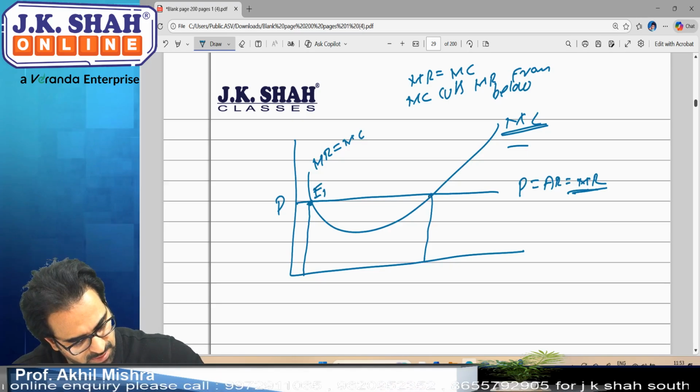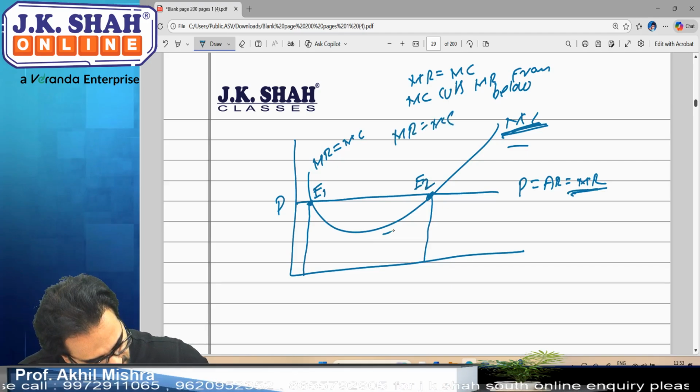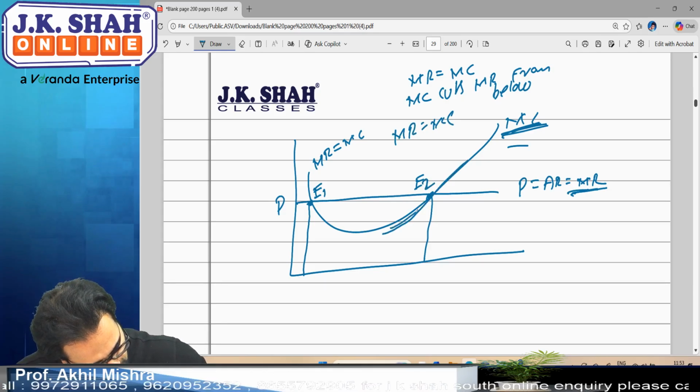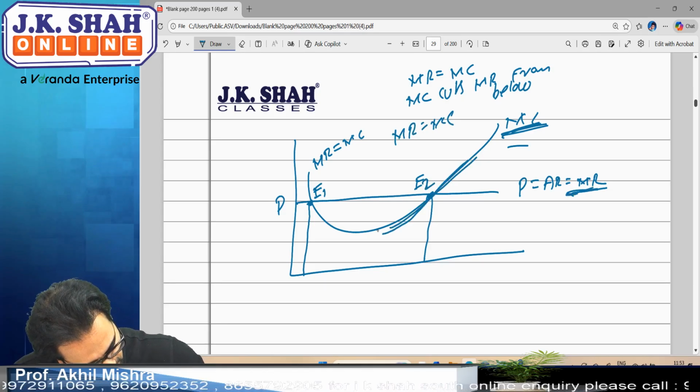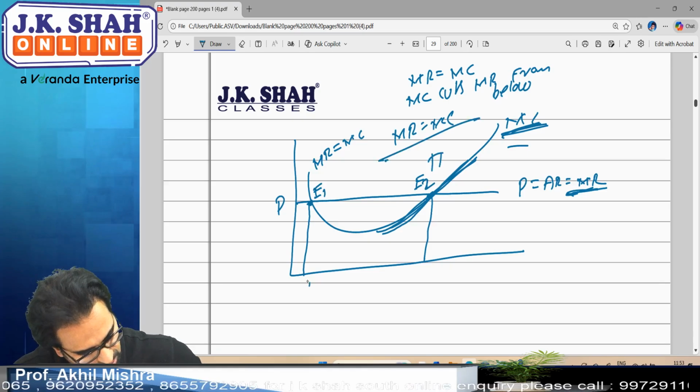So see here, at this point, MC and MR are again equal. At E2, MR is equal to MC. And see, this is MC cutting the MR line, which is a straight line, from below. This means second order condition is finished.